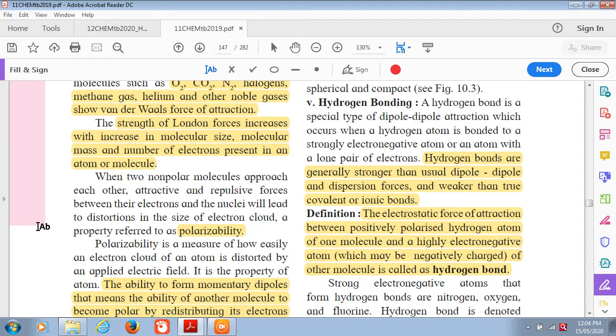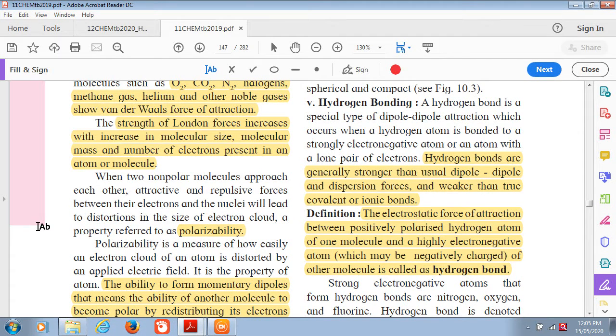Now, next is hydrogen bonding. For hydrogen bonding, one atom of that molecule should be hydrogen and another atom should be a more electronegative atom such as oxygen, nitrogen, fluorine, or any halogens. Hydrogen bonds are generally stronger than usual dipole-dipole and dispersion force, and weaker than true covalent or ionic bond.